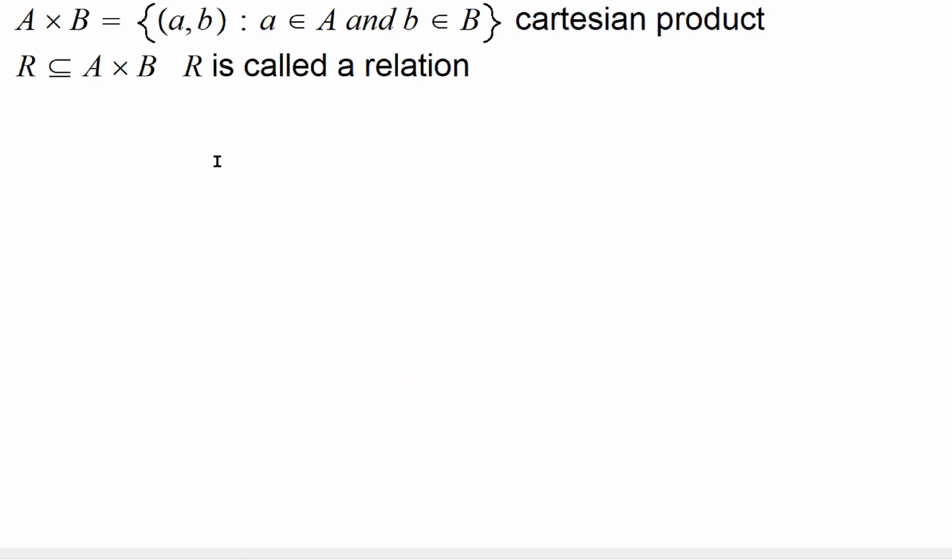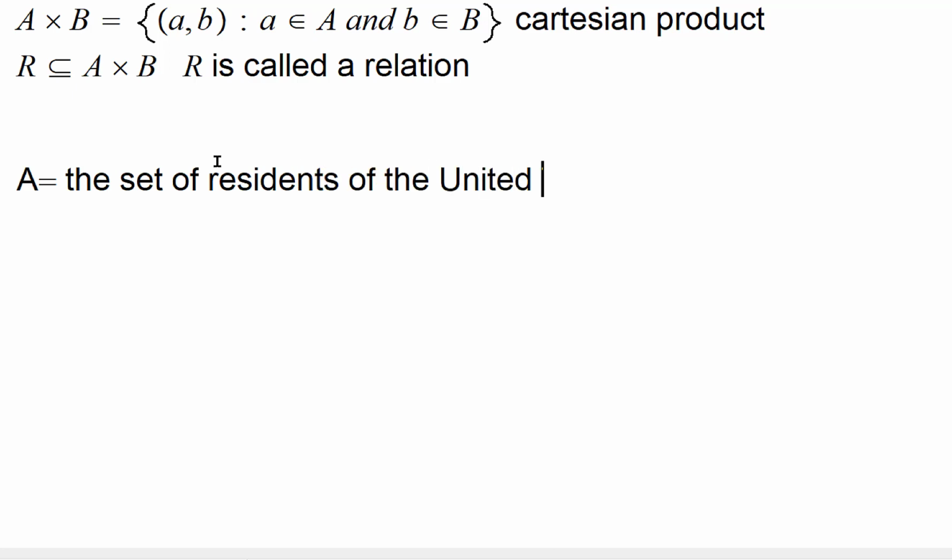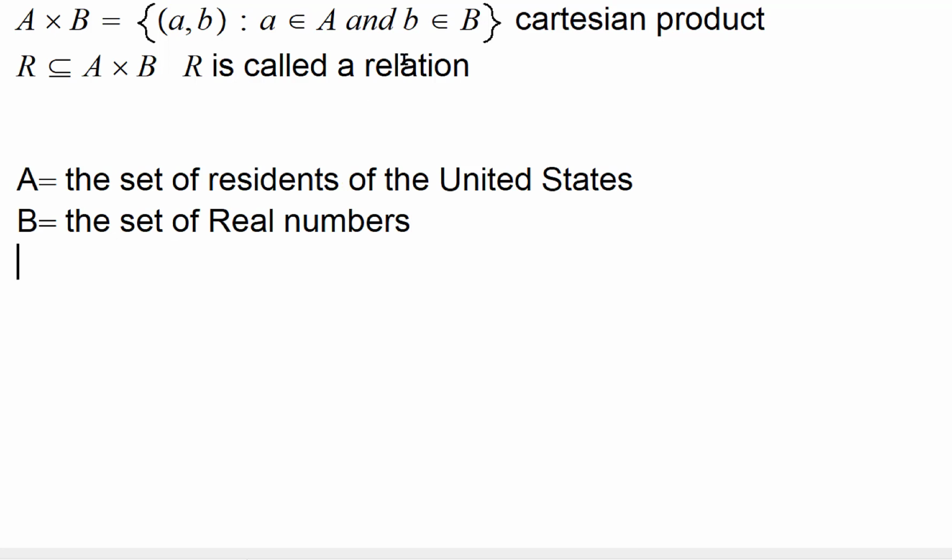So for example, let's take A to be the set of residents of the United States, and let's take B as the set of real numbers, and we can define a relation as a subset of A cross B here.